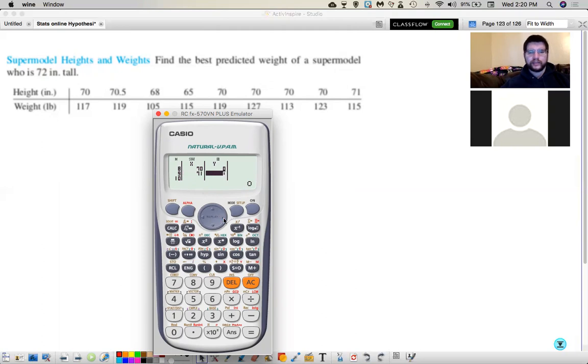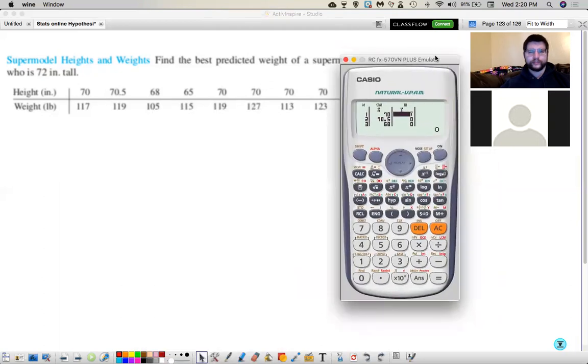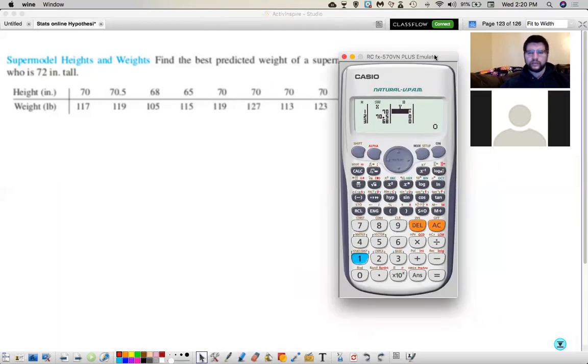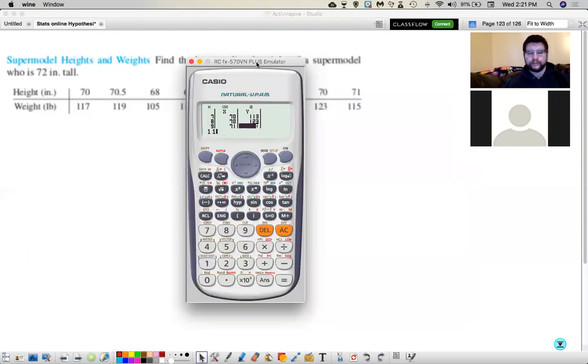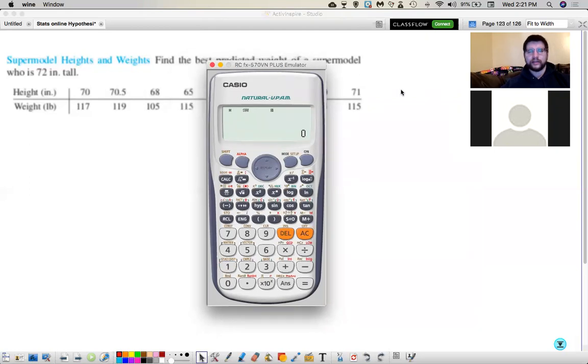Okay, at least I didn't miss or add one. And then we type in their weights. 117, 119, 105, 115, 119, 127, 113, 123, 115. And they match. So have that data typed in, get out of there.